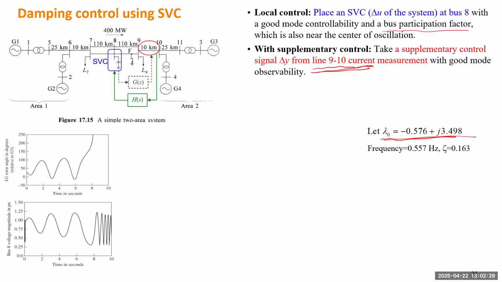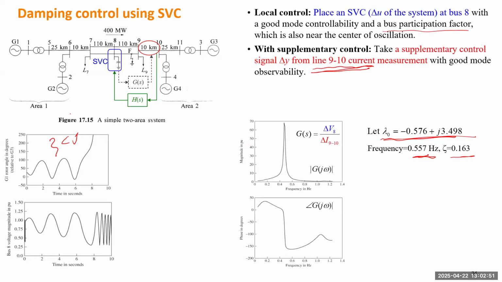It's just our target. So this one we will have this oscillation frequency and also this damping ratio. Okay, this damping ratio means 16%, which is very high, much higher than the original. Original will have damping ratio negative, right? Based on the waveform.